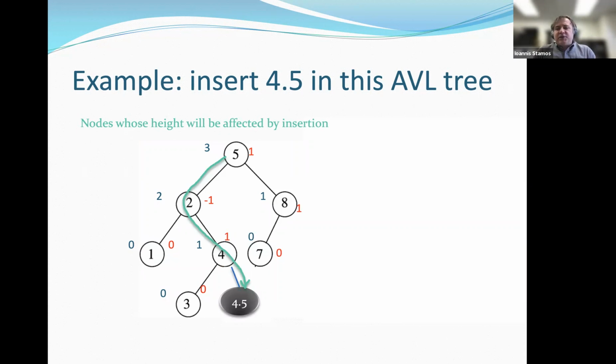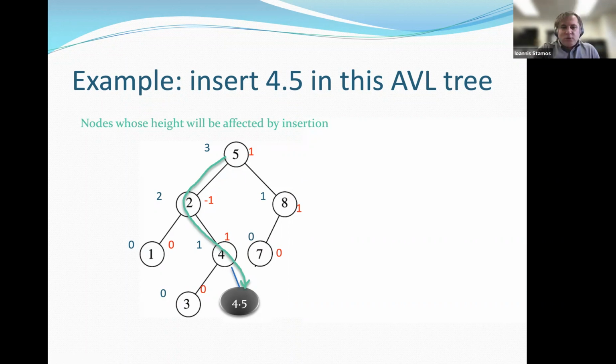The thing you have to note is that as you try to insert 4.5, you go to 5, you say it's more than 4.5, then you go to 2, you say 4.5 is greater than 2, then you go to 4, you say 4.5 is greater than 4. There was nothing there, so you place 4.5 over there, right? Now, the nodes that you follow as you insert are the nodes whose heights may change, okay?